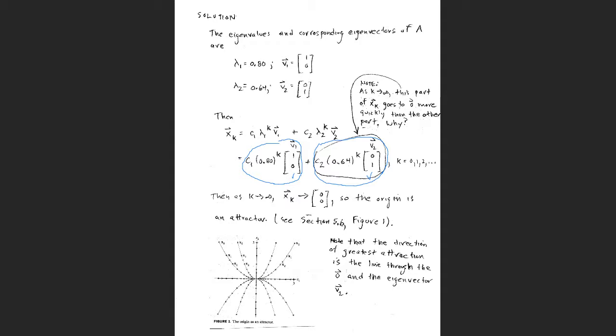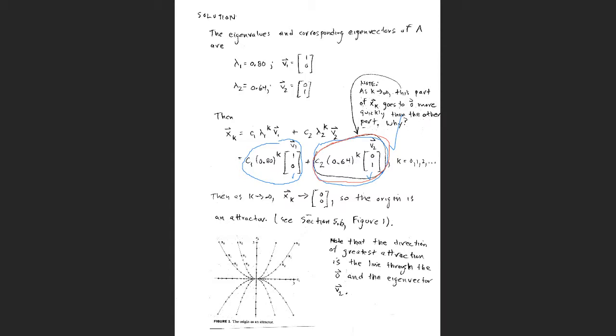We agree that the second portion of the xk vector dies down more quickly, and that's going to leave you with the first portion.